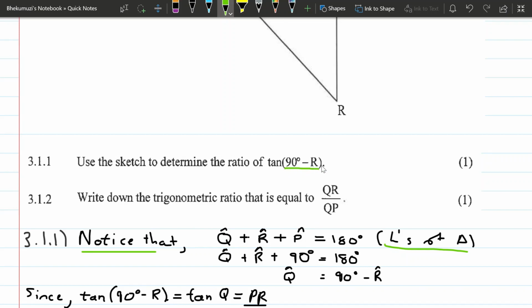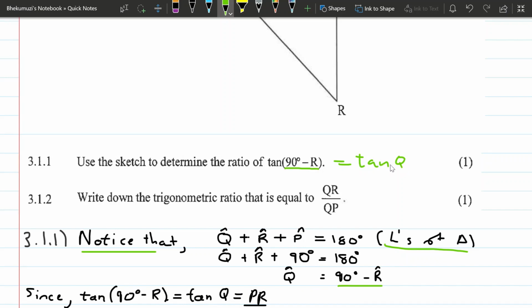We can rewrite and manipulate this equation so that on one side we have 90 degrees minus R, and that is equal to Q. So in actual fact, tan (90 degrees minus R) is the same as tan Q, right? So they're actually looking for tan Q.